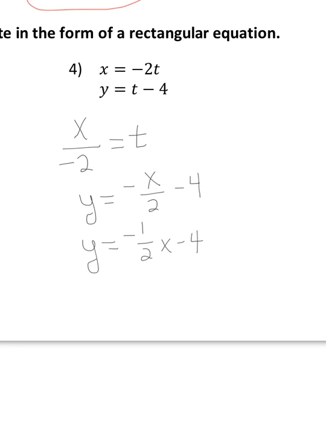I went ahead and made this negative x over 2 into a negative 1/2 x minus 4. It's just a little extra simplification there that we can do. I wouldn't count it wrong if you did not do that, but it just looks more like a y equals mx plus b equation if we do that. So if you don't do that, though, I'm not going to take any points off.